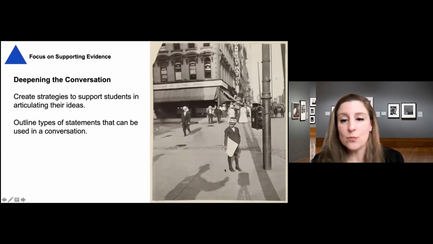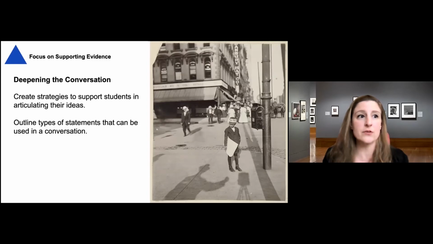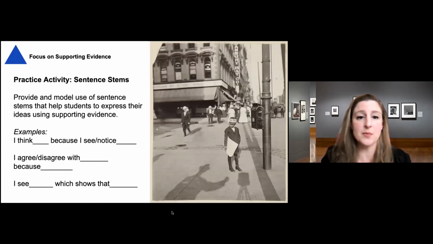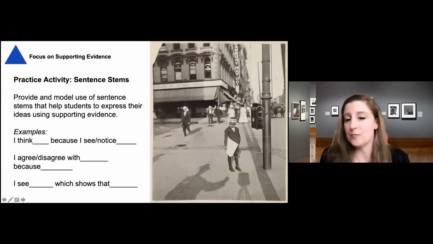Once you've familiarized students with looking at works of art and focusing on supporting evidence for their ideas, then you can also model some sentence stems for them to use to talk about these things. So for example, I think he looks bored because I see his expression on his face looks bored.